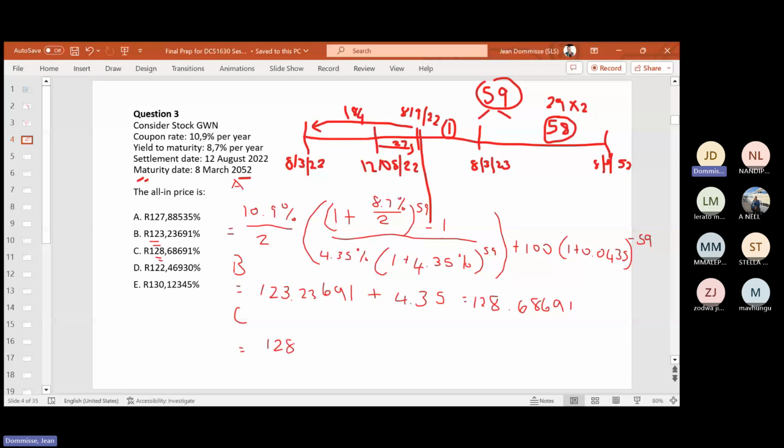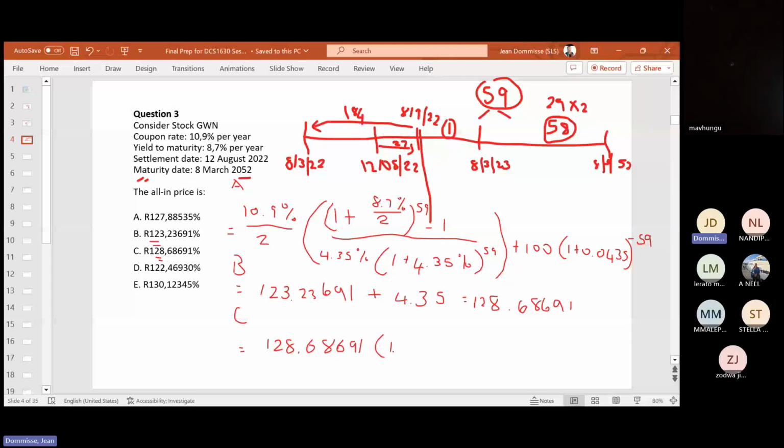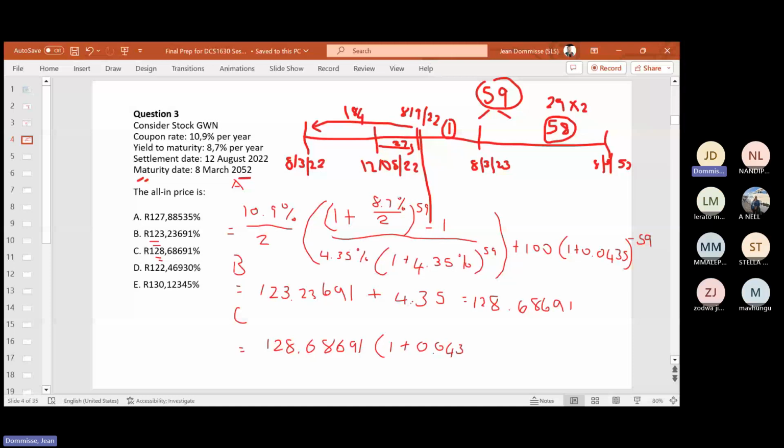So 128.68691. We will multiply that with 1 plus 0.0435. So that is also the same as 4.35%.